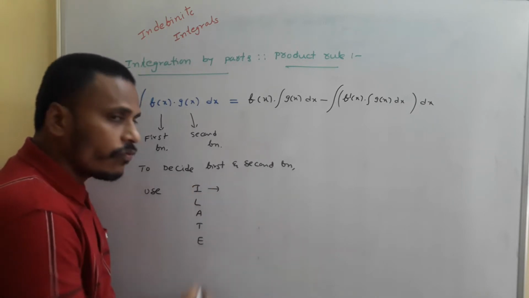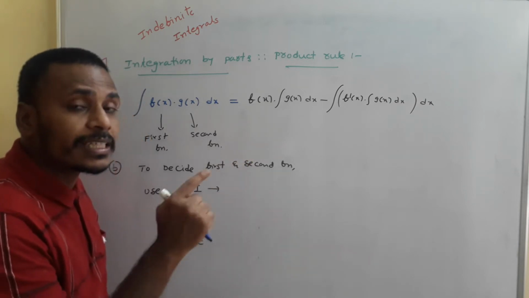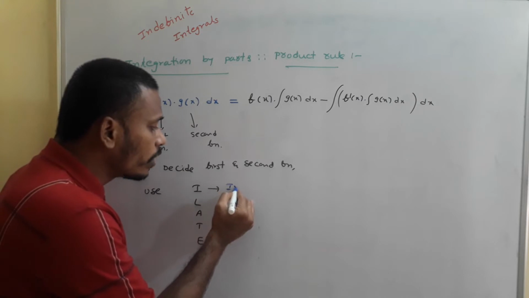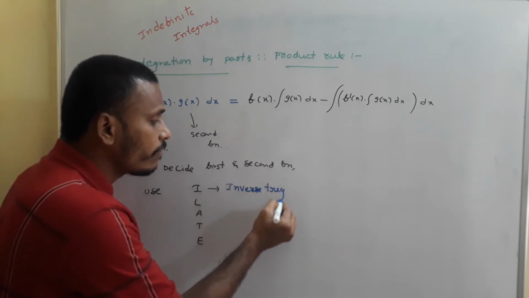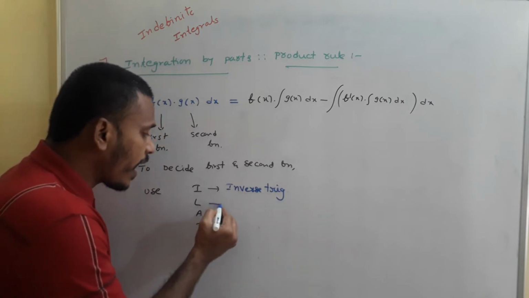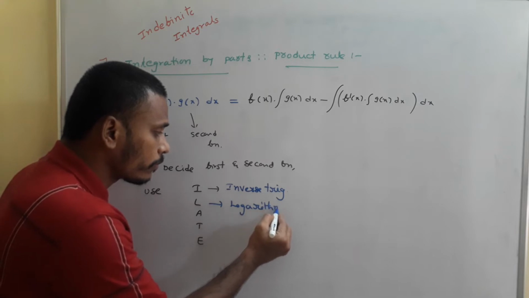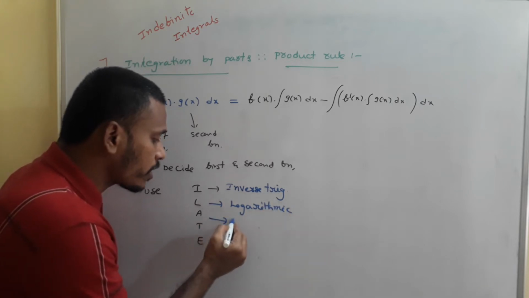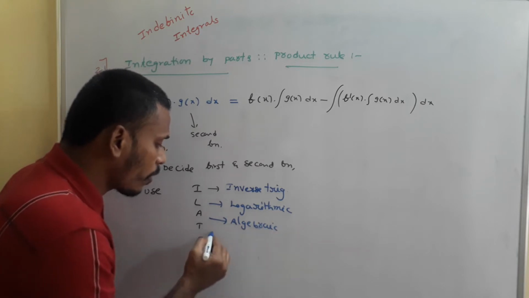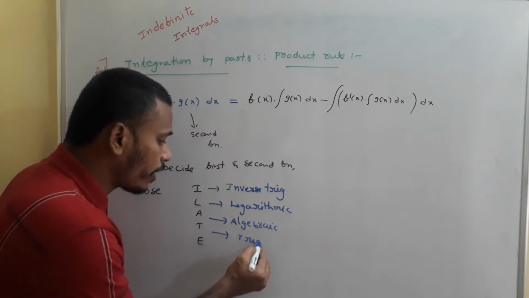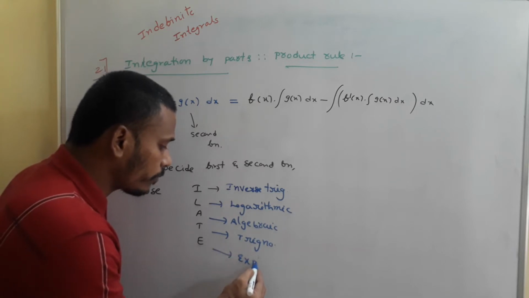Okay, in that DAMAS rule, D is division, right? Just like that, here I represents inverse trigonometric, L represents logarithmic, A represents algebraic, T represents trigonometric, and E represents exponential.